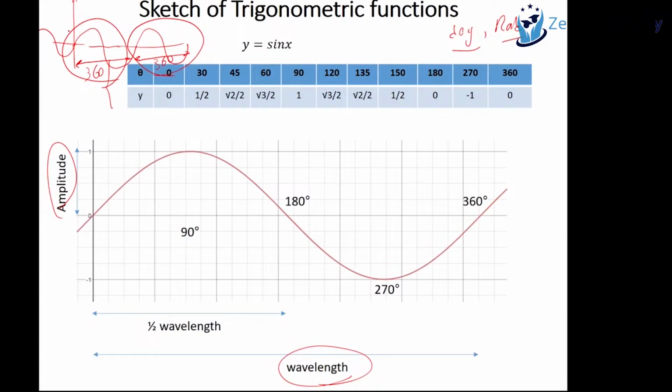The amplitude is the maximum y, or maximum height, of the function. And for sine, we all know that sine never exceeds 1. So the sine function is always between -1 and +1. So 1 in this example would be the amplitude of the function sine x.